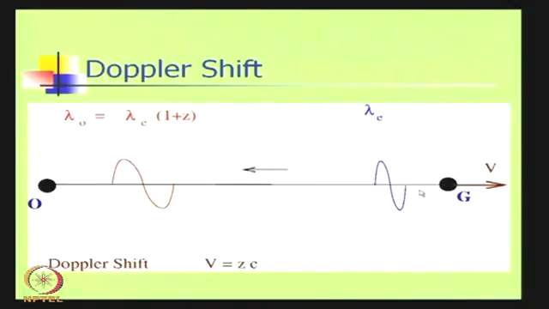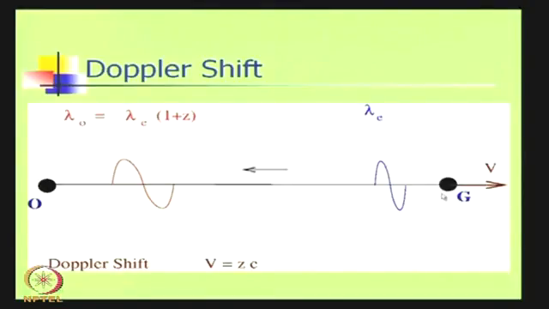And if the galaxy is moving away from us, then the observer will see the same light at a different wavelength which is larger, and it is larger by a factor of 1 plus z, where z is related to the speed with which it is moving away in this fashion. So z is equal to v by c, and this phenomenon is called redshift.